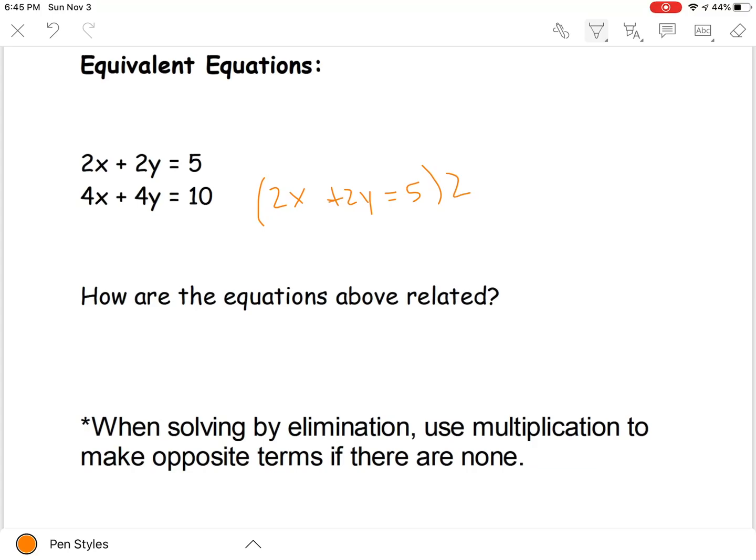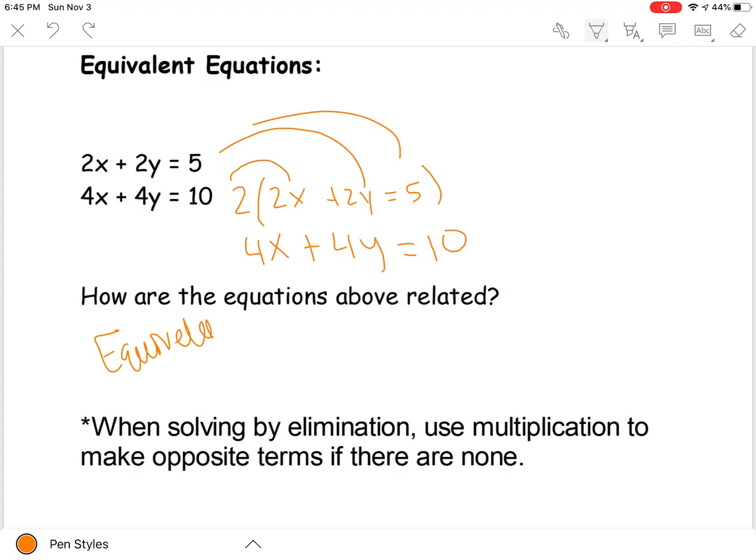If we multiply this by 2, we get our 4x, our 4y, and our 10. So that's what we mean when we say we can multiply to create equivalent expressions. These are equivalent equations. It's just that one we multiplied by 2. So when we're solving by elimination, we can use that multiplication to make opposites if there aren't any.